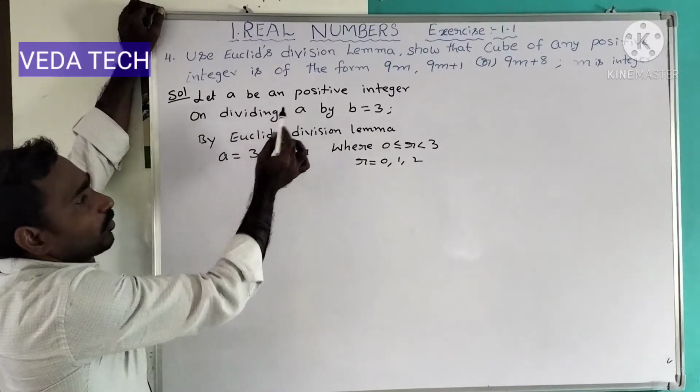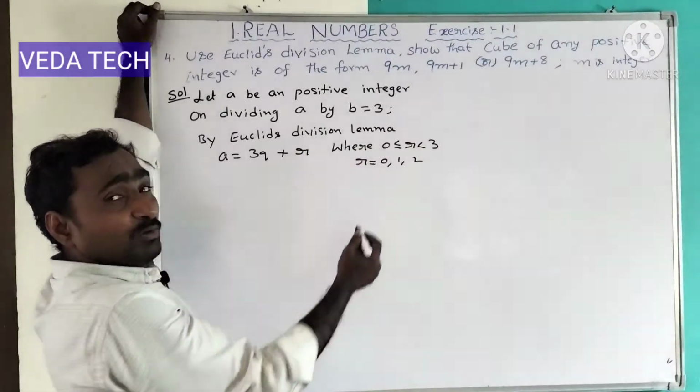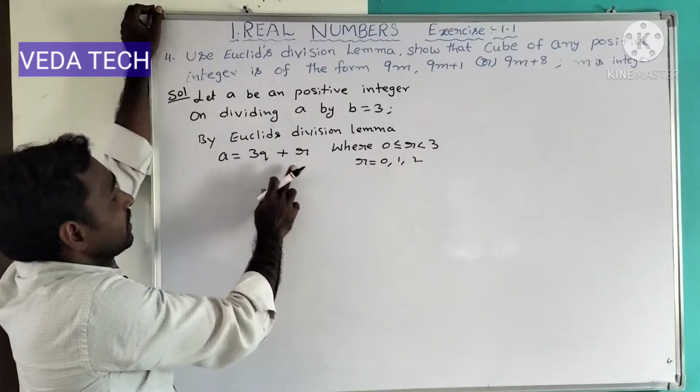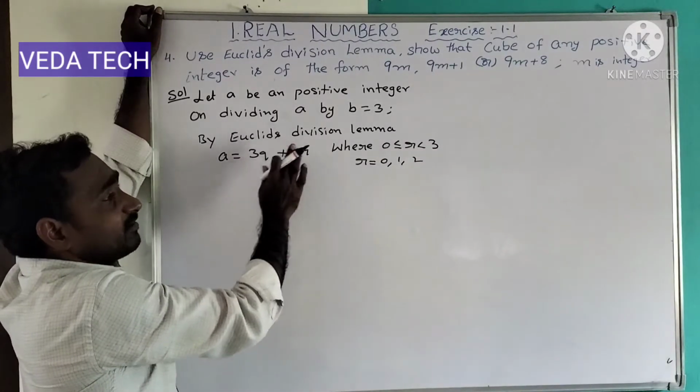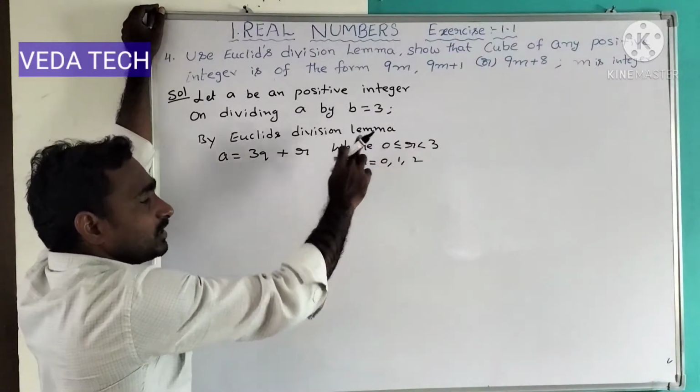Let a be a positive integer, on dividing a by 3, there exist q as quotient and r as remainder. By Euclid's division lemma, a is equal to 3q plus r, where r is between 0 and 3.